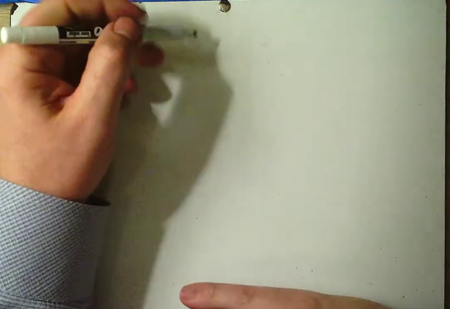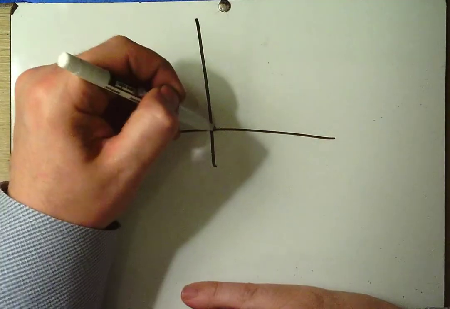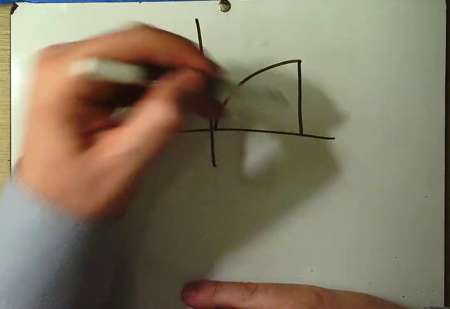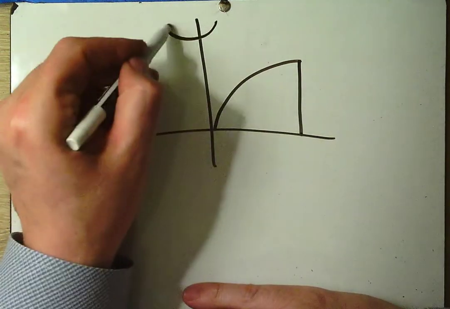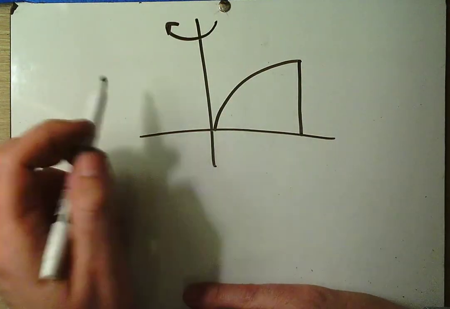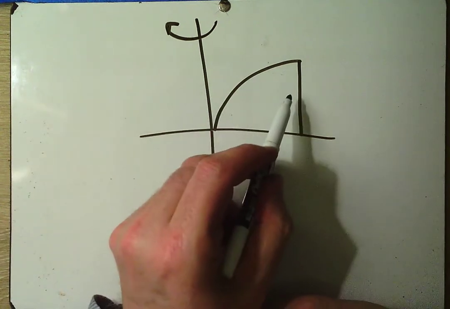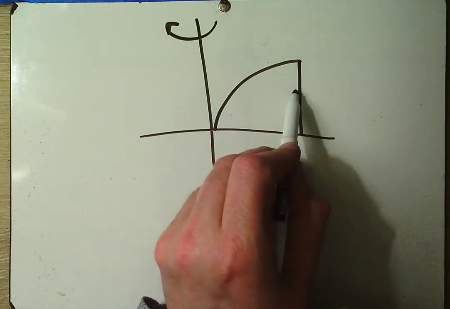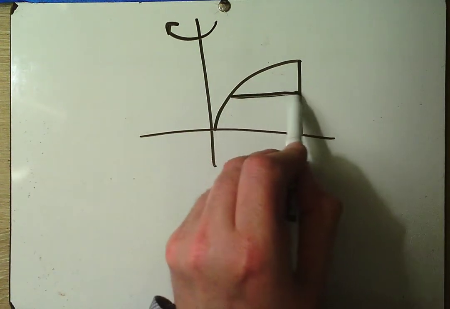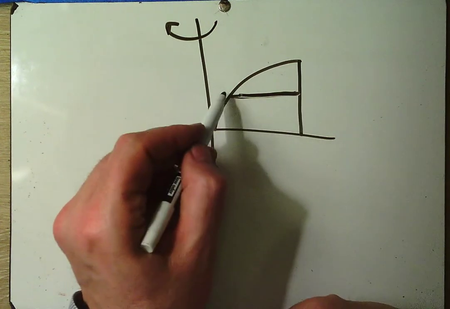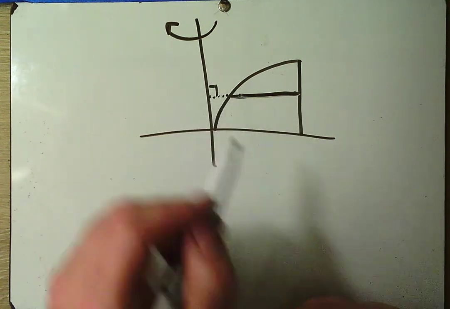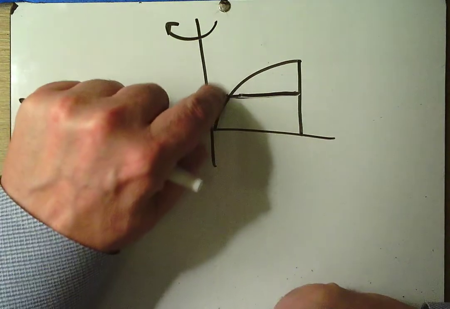Well, let's take a look at our second problem. Our second problem, remember, was when I took this region and I wanted to rotate it around the y-axis. So what we know now is I'm supposed to draw a segment in this region perpendicular to the axis of rotation. So if I continued this, I would be perpendicular.